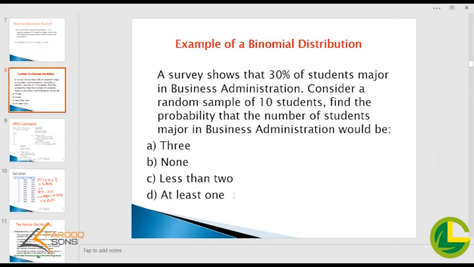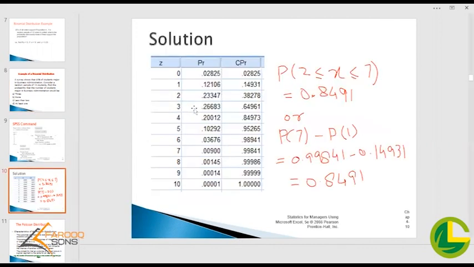Correct. Now, if you want the probability of 3, go to the output. The probability of 3 is 0.26683. If the question was the probability of less than 3, it means you have to find the probability of 0, 1, 2.